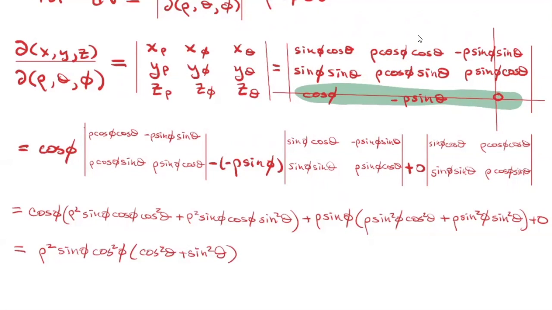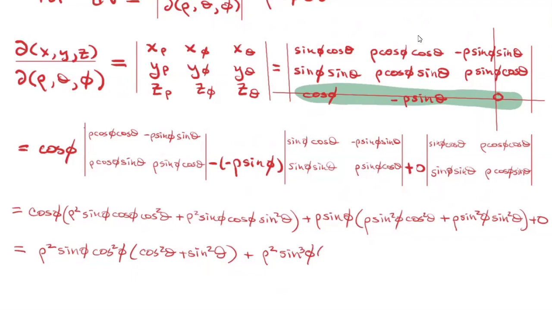That's the first one. And on the second one, you're going to factor out a sine square phi, and a rho. So there will be a rho square, factoring out a sine square phi. Is that sine cube phi? Like that.